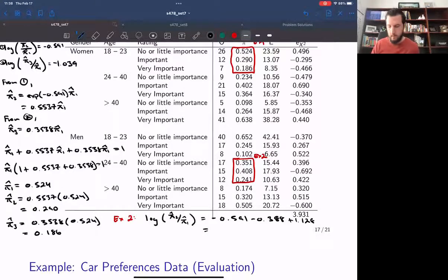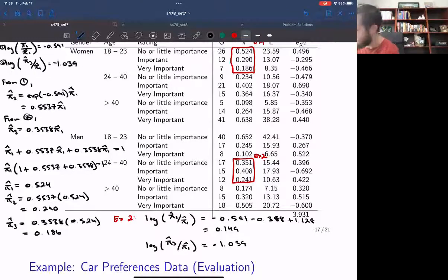So we have negative 0.591 minus 0.388 plus 1.128, which is 0.149. Then we have log of pi hat 3 versus pi hat 1. That's going to be negative 1.039 minus 0.813 plus 1.478.